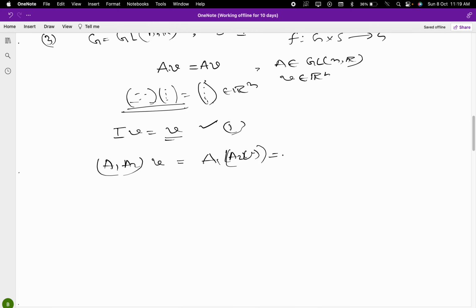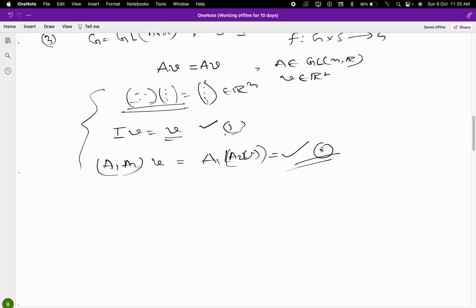So the second property is done too. These two properties you can try yourself. I am not going to show them explicitly, because these are very trivial things. You definitely have to do them yourself, right?